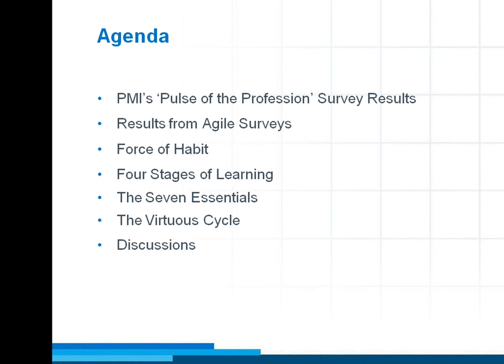After which I'm going to take you through the concept called force of habit, and talk about the 4 stages of learning and the 7 essentials, and finally end with how the whole thing creates a virtuous cycle for us, and budget adequate time for answers and discussions.